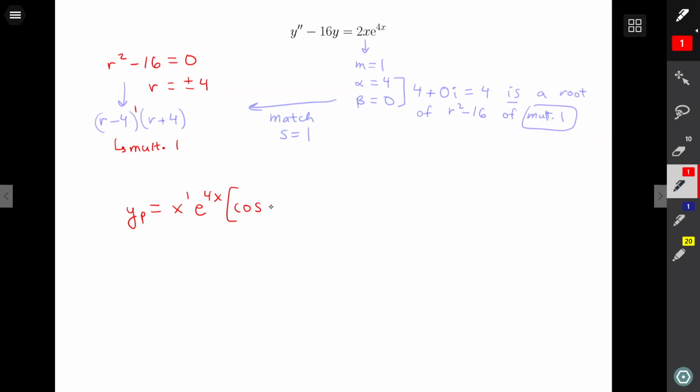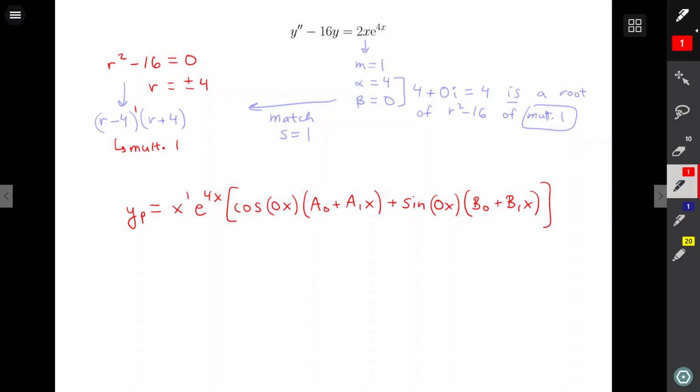So that's going to be cosine of 0x. And then in parentheses, you put in the polynomial that incorporates the m. So it has to go up to x to the 1 and include all lower powers. So you have a0 plus a1x and stop there. Add to that sine of 0x. Do the same thing with the b's.